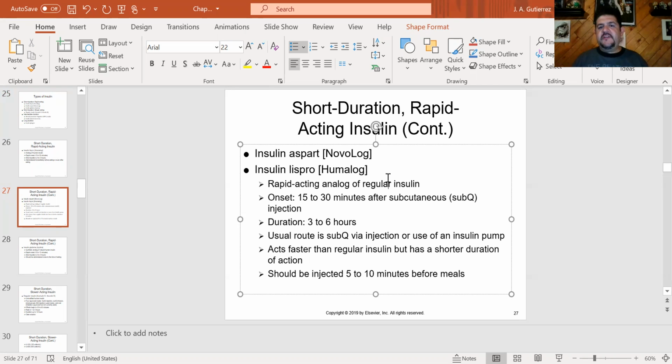The insulin has a duration of 3 to 6 hours. So based on this, the most common use is before meals. Every time they're going to have a meal, they can administer this type of insulin.